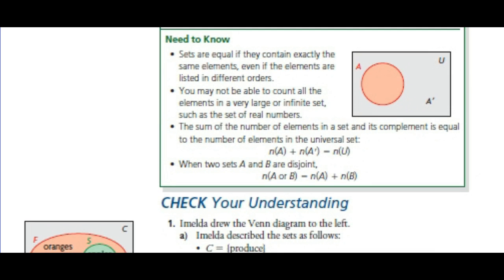When two sets are disjoint, then if you want the number in one set or the other, you just add how many are in one and how many are in the other. Okay? Doing a lot of that stuff. This comes into probability, right? So here's the deal. Anytime you see this n, you can replace it with a p for the probability.